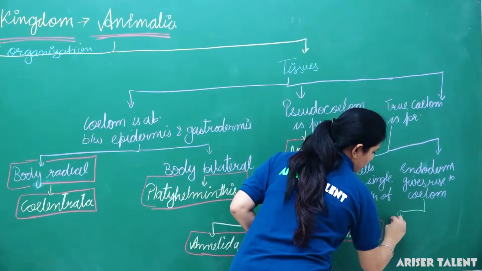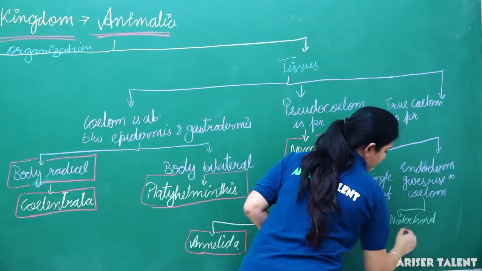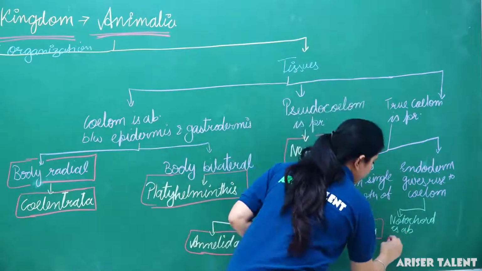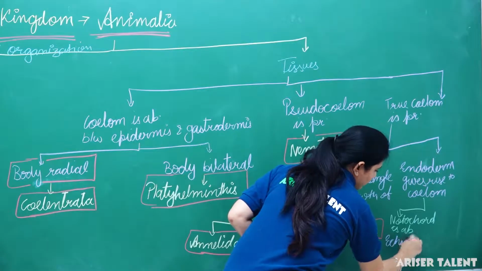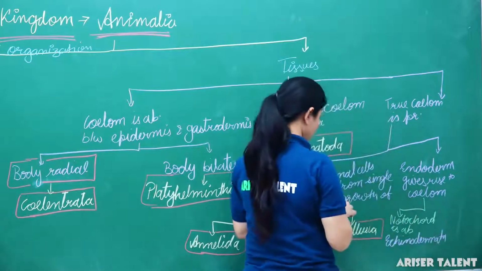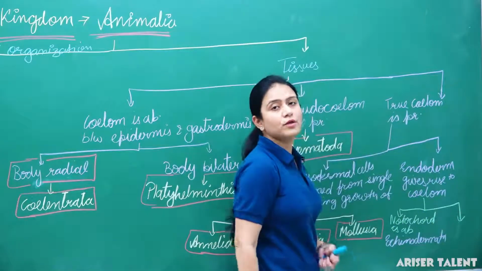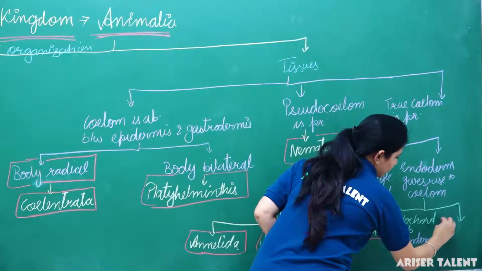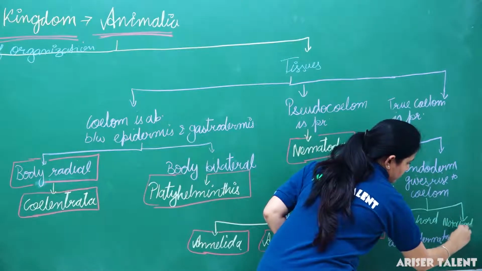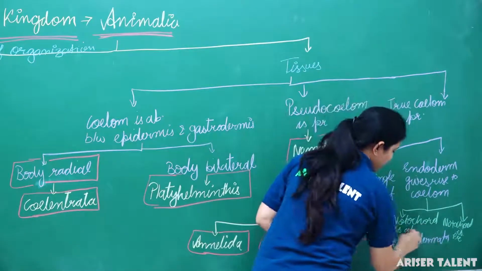If the notochord is absent, then they are kept in the group Echinodermata. And if notochord is present, then they are kept in the group Chordata.